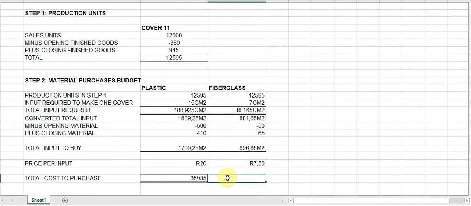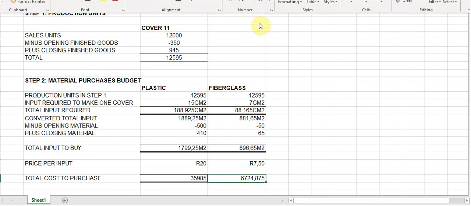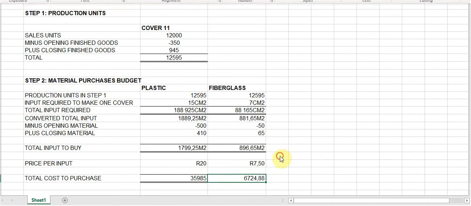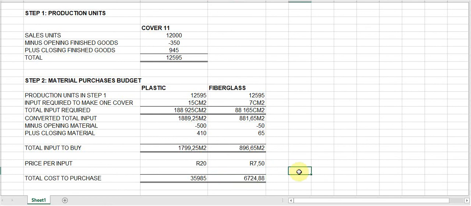Then I multiply my fiberglass square meters, 896.65, by the R7.50 price. Just remember, you always need to round to 2 decimals. That is going to cost me 6,724 Rand and 88 cents.